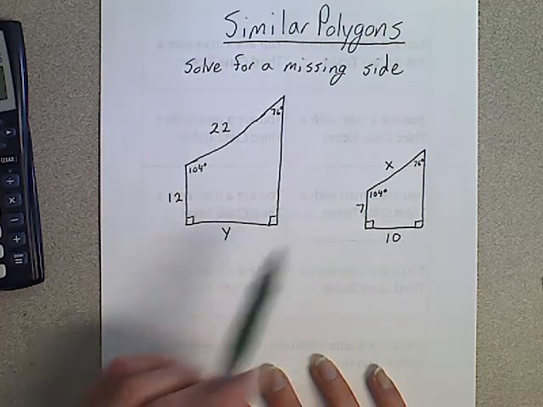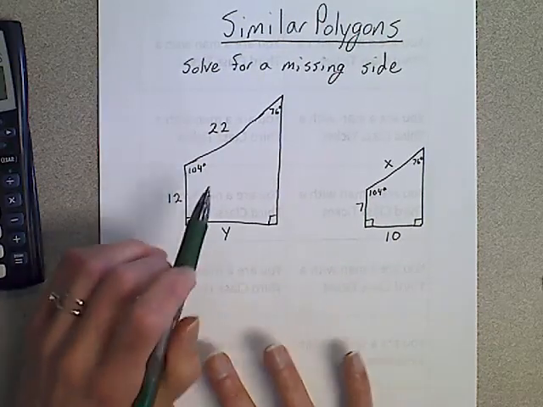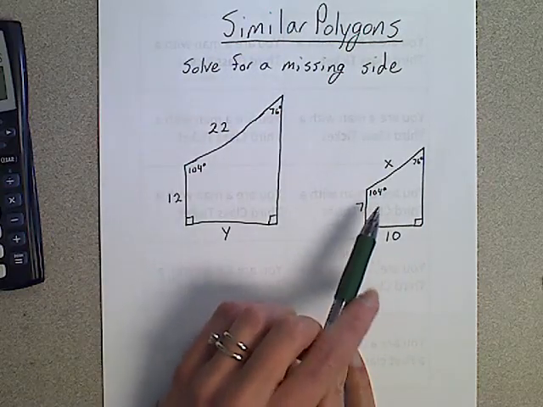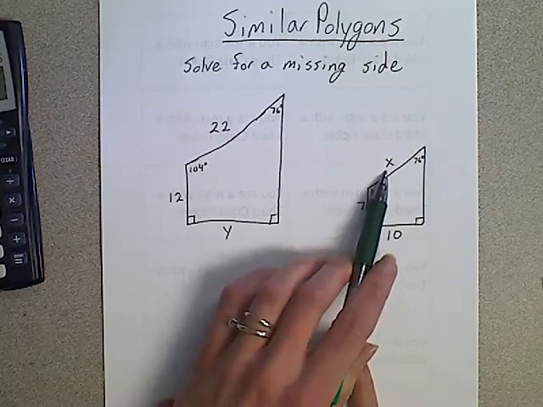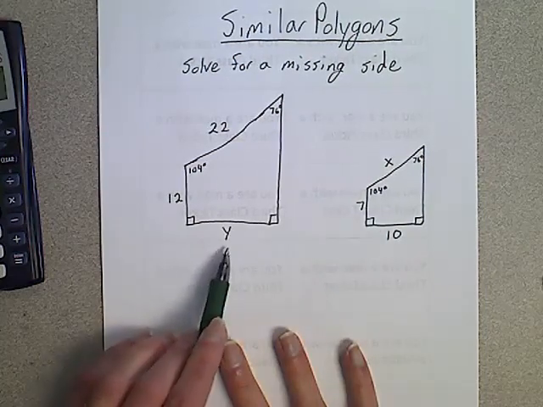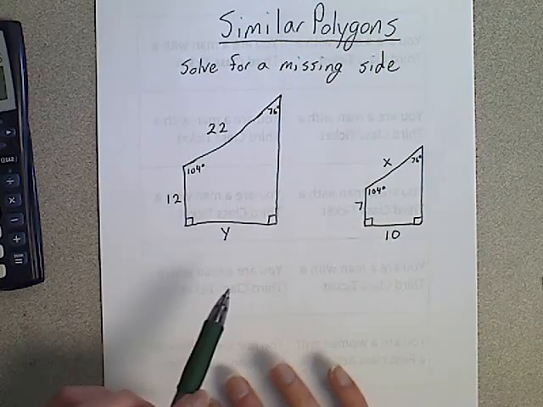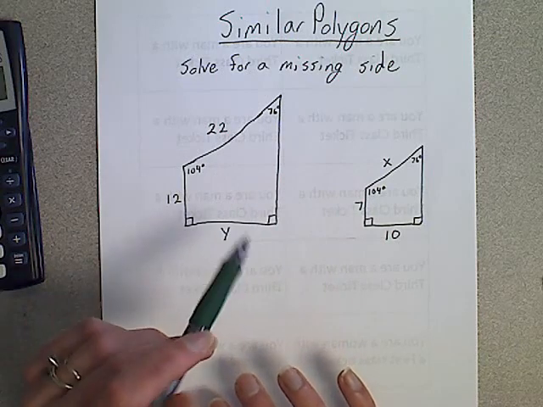So just like when we solved yesterday for those similar triangles, today to figure out these missing sides we are going to have to set up our proportions. For this problem we have a variable on each of our shapes, so that means we are going to have to create two different proportions.